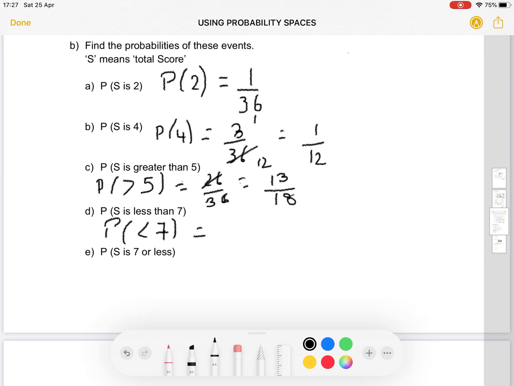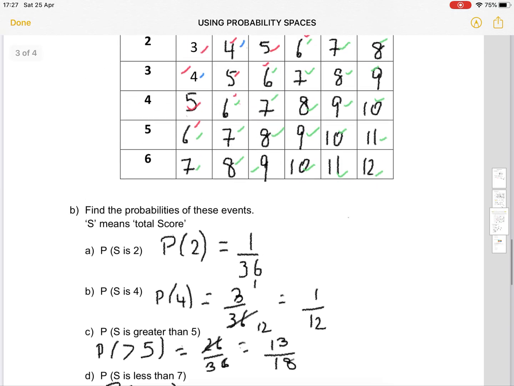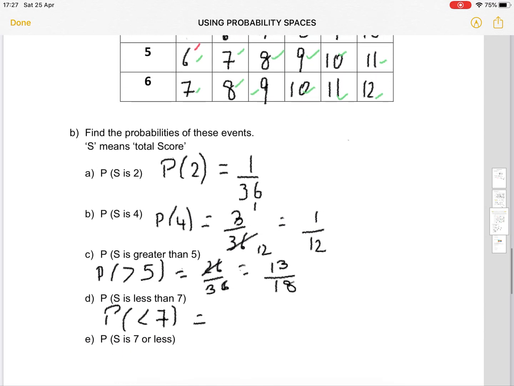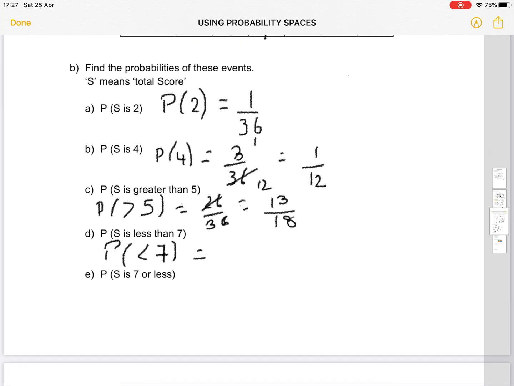Let's check again: 1, 2, 3, 4, 5, 6, 7, 8, 9, 10, 11, 12, 13, 14, 15. So it's 15 on 36.